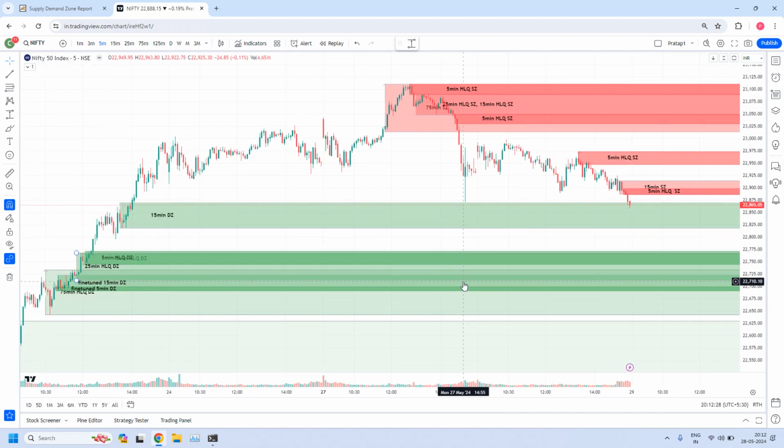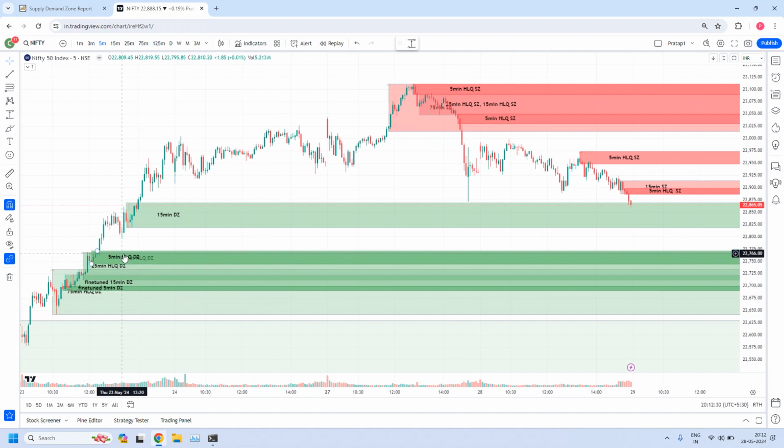But the next support will be this high liquidity 5-minute zone. See, if this 15 minutes demand zone is violated, there won't be a surprise. Why won't there be a surprise? Because in a downtrend, 15-minute zones will be violated. Already the 15 minutes trend is a downtrend. If it is holding, it is a surprise, because that is an indication that bulls are taking control. But otherwise, if this 15 minutes zone violates, the next support you will get is at the 5 minutes high liquidity demand zone.